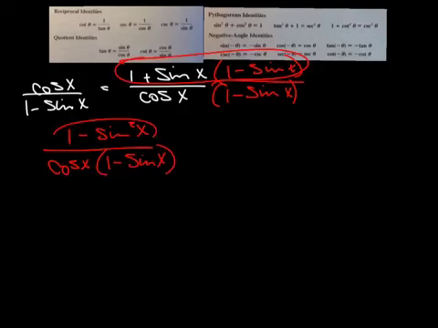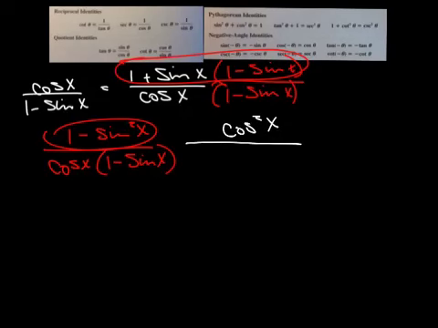What do we know about 1 minus the sine squared of x? Well, if we go up here, we know that equals the cosine squared of x. And the only reason we did that is because I've got some canceling I can do then. So I can cancel one of these with this one.